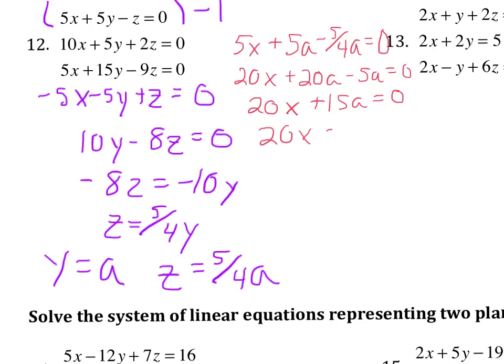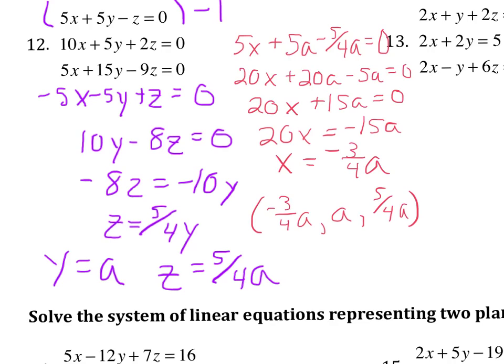So 20x equals negative 15a. So x will equal negative 3/4 a. So my point generator is negative 3/4 a, comma, a, comma 5/4 a.